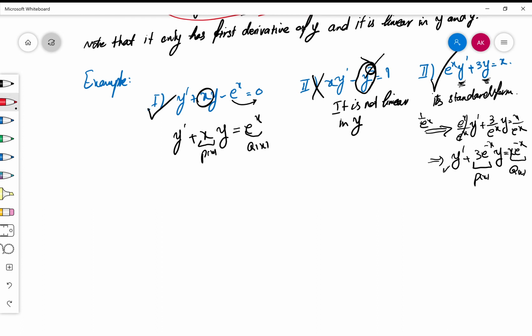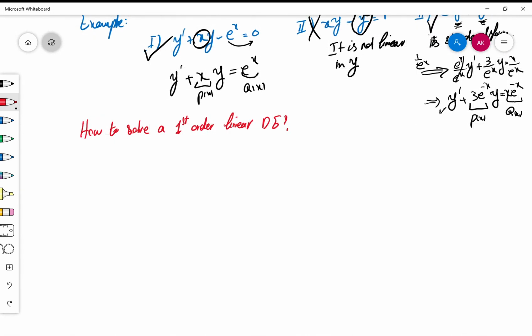Okay, so that being said, now how do we solve a first order linear differential equation? This has 3 steps. Step 1: first of all, you have to recognize that this is a linear differential equation, and then write the equation in the standard form.